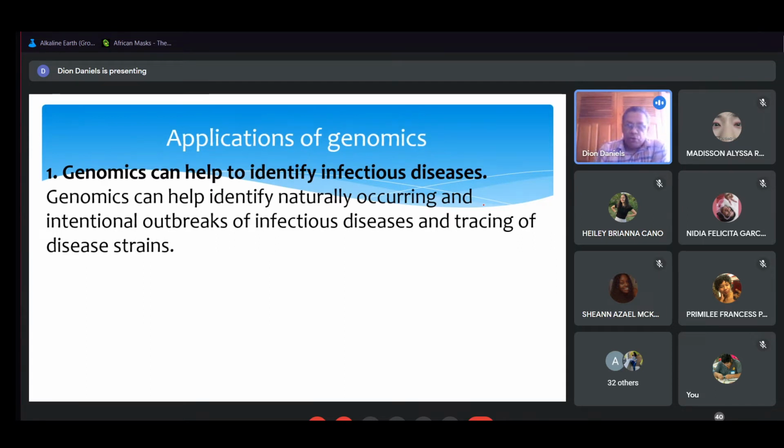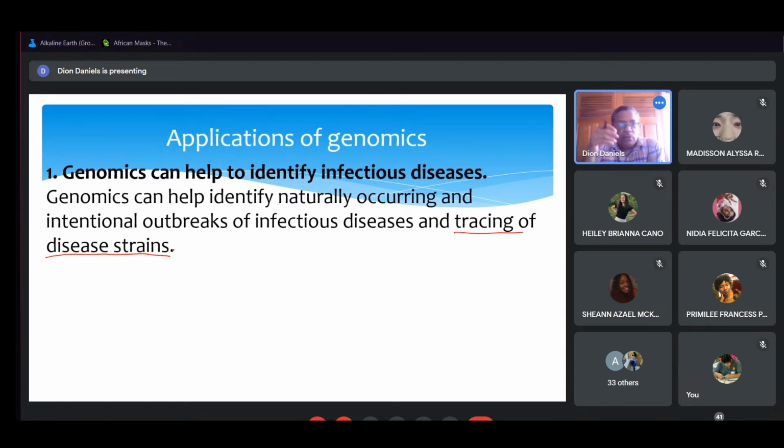This right here, tracing of disease strains. You hear about COVID-19 and different variants. From the time COVID broke out, we have had so many different variants of COVID-19. How are they able to identify these variants? Well, through genomics. You have to sequence the genome of the virus.